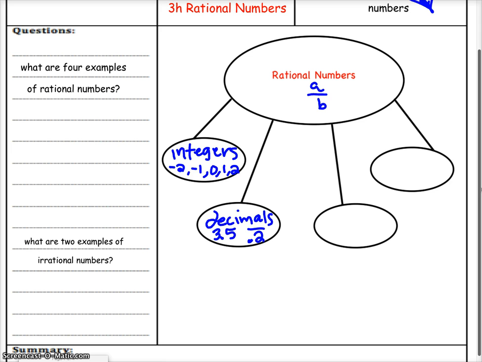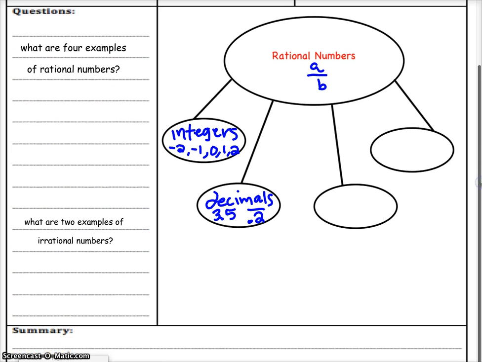You can turn it into a fraction. Clearly then a fraction is rational because it's already a fraction. And any perfect square root. Any perfect square root is a rational number.